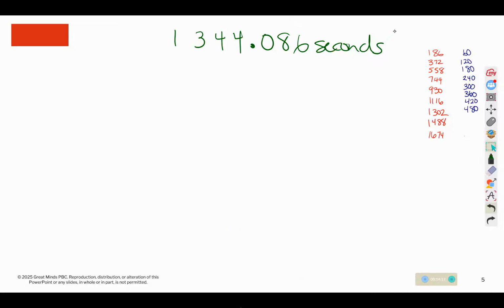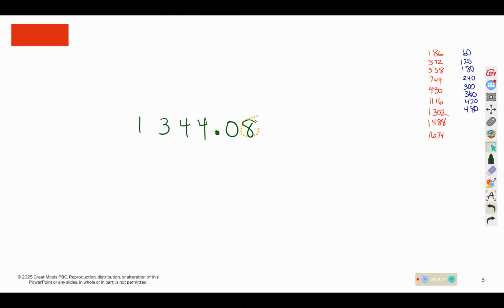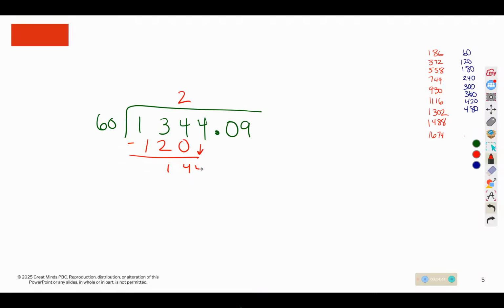So to change it to minutes, we need to divide this by 60. 60 doesn't fit into 1 or 13, but it does fit into 134. 2 times. That leaves us with 14. Bring down the 4. It also fits into that 2 times.